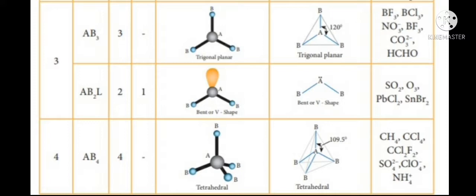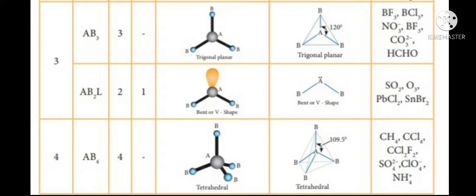Hence, the shape of the AB3 molecule is trigonal planar. The molecular geometry is shown here. BF3, BCl3, NO3 minus, CO3 2 minus, HCHO are examples for AB3 molecule.